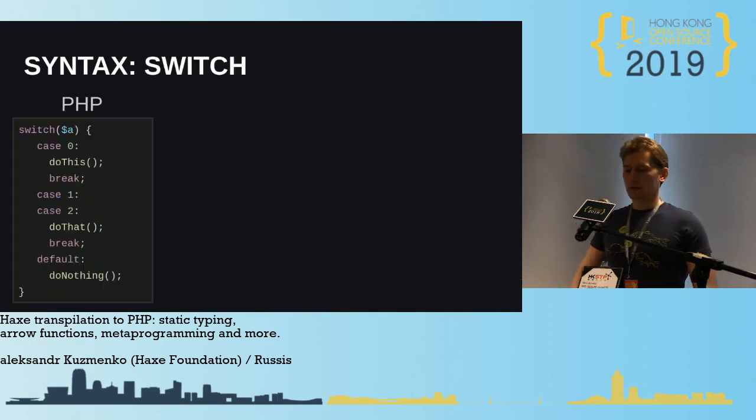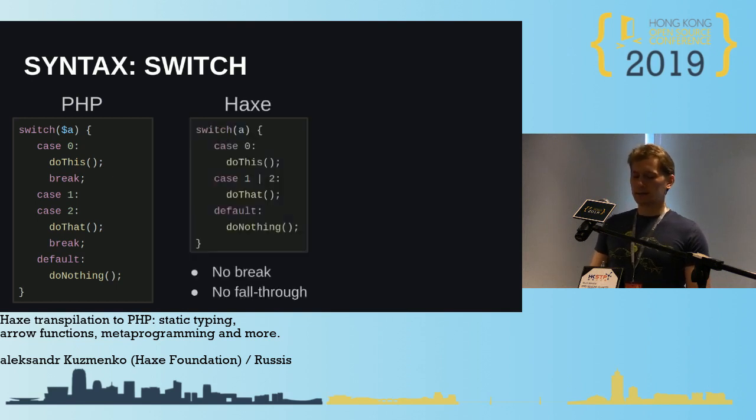Another difference, I'd say a major difference in syntax, is that in PHP you have a traditional C-style switch, but in Haxe, switch is actually something more. First of all, you don't need to use break at the end of each case.